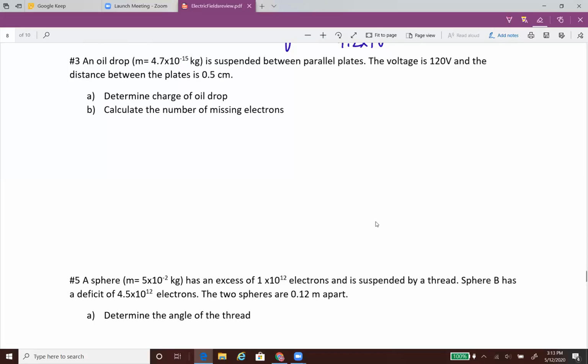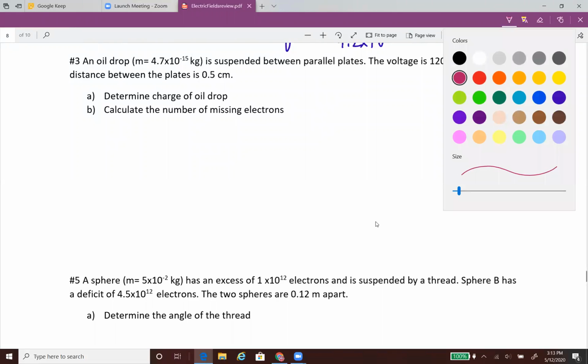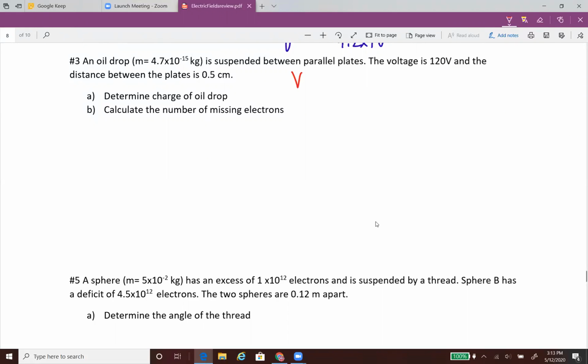So what do we have? We have the voltage, 120 volts. We have the mass of the droplet, 4.7 times 10 to the minus 15 kilograms.